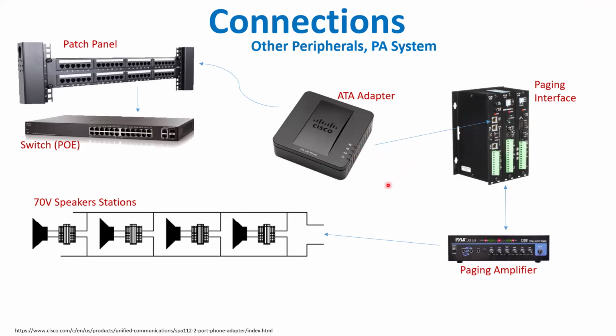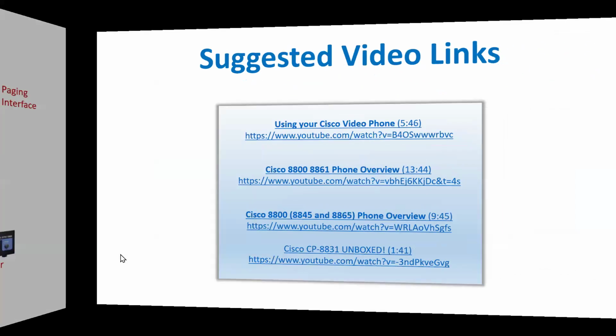Forget the paging interface. It's connected to the ATA and then it's connected to the network. So there's more than one need for having an ATA adapter, analog telephone adapter. And remember, those are not being used in the elevator phones, because elevator hot dialers are connected, bypassing everything, going straight to the CO line, not even a SIP line, for the safety purposes.